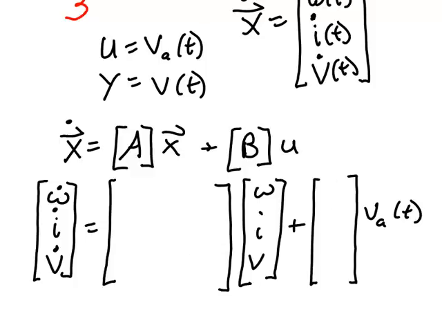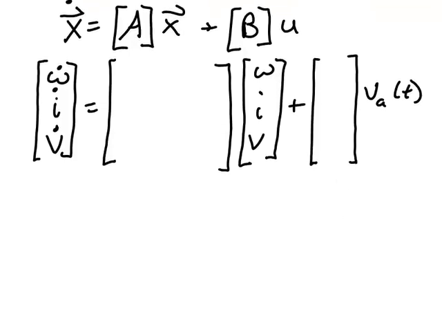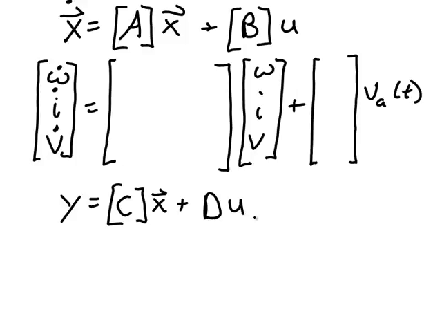We also have a second equation in our state space form, which looks like this. Y is equal to C times the state vector plus D times the input. So let's translate that into our variables.